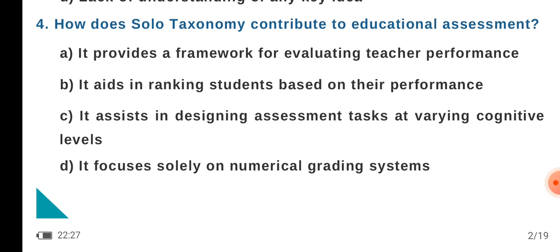The correct answer in number 4 is letter C. It assists in designing assessment tasks at varying cognitive levels. Explanation: SOLO Taxonomy contributes to educational assessment by assisting in designing assessment tasks at varying cognitive levels, allowing for a comprehensive evaluation of students' understanding.